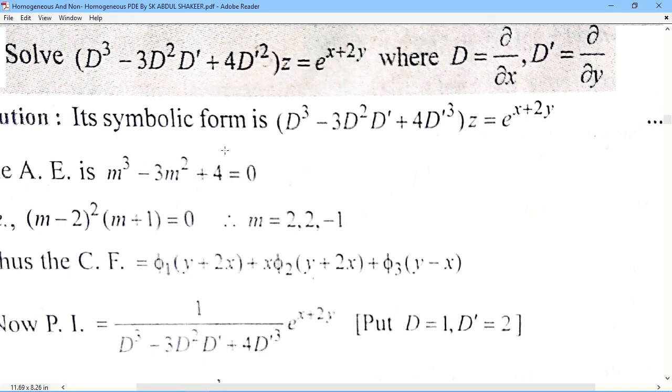Now the auxiliary equation is obtained by replacing capital D with m and D dash with 1. So we will get the auxiliary equation. We will find the roots of the auxiliary equation by the synthetic division method or Horner's method. So we will have these roots. Three roots are there. Two roots are equal and the last one is distinct.